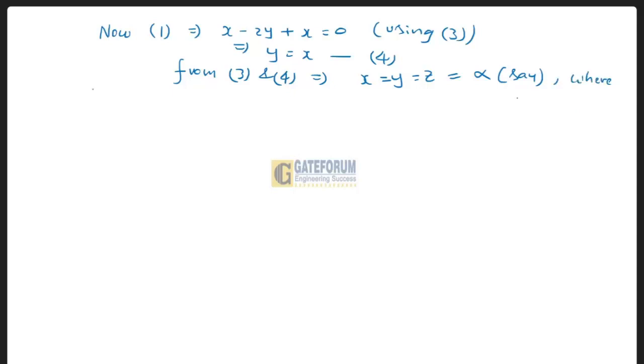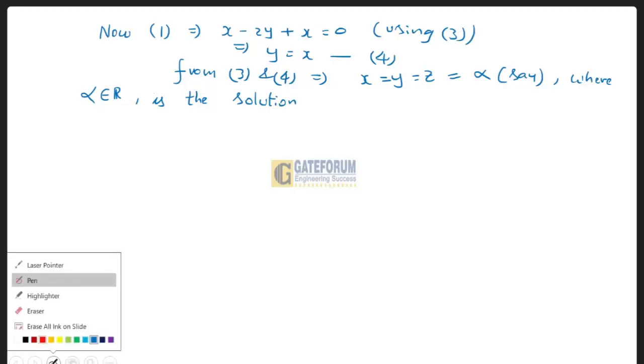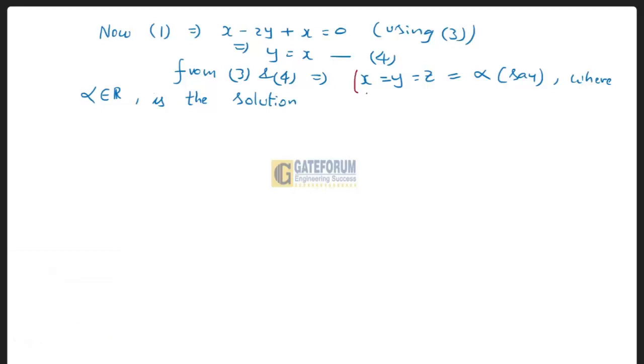Alpha belongs to the real numbers, and x is equal to y is equal to z. This is the solution.